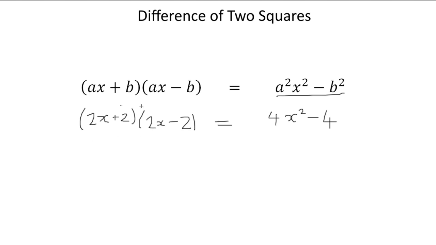Now if you were to go ahead and multiply it out yourself, you could do that if you want. You'll see that you will actually reach this expression. So this works. This is kind of a shortcut, if you will, for this kind of thing.